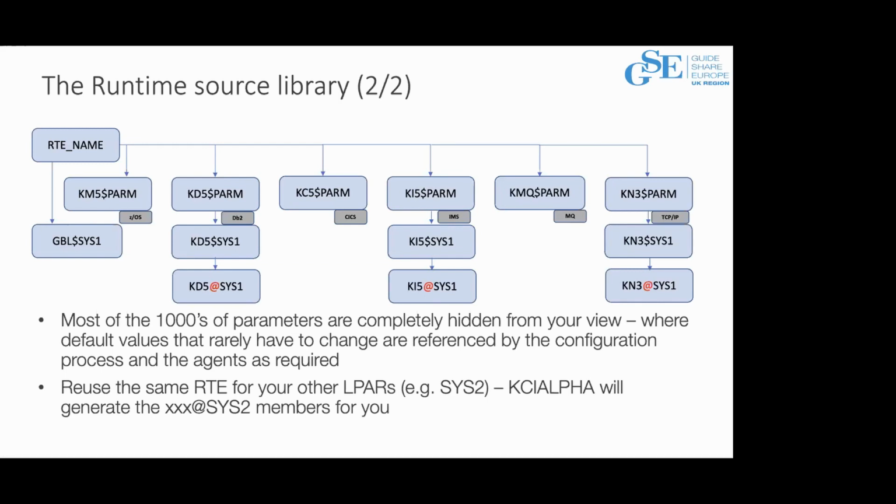Okay, these members contain the non-discovery parameters for that agent and are specific to that LPAR. Okay, and underneath that you will also get members created, which in this case are KD5 at sys1 and KI5 at sys1, which list the discovered subsystems on that LPAR. Okay, so the discovery ones that are created are the ones with the at symbol.